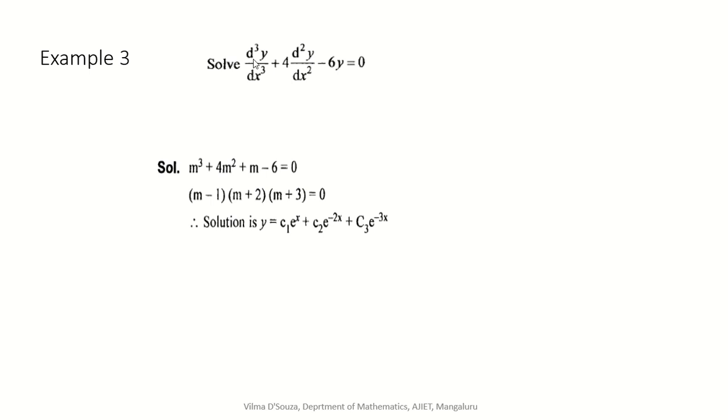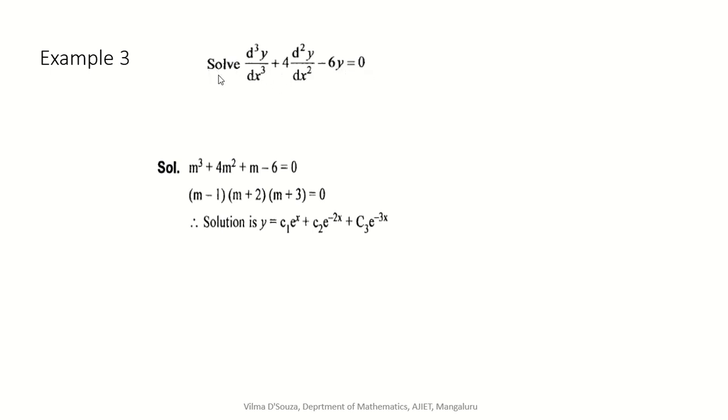Okay, here in the question you have d³y/dx³ + 4 d²y/dx², and you add the term dy/dx here: plus dy/dx - 6y = 0. Let me repeat.